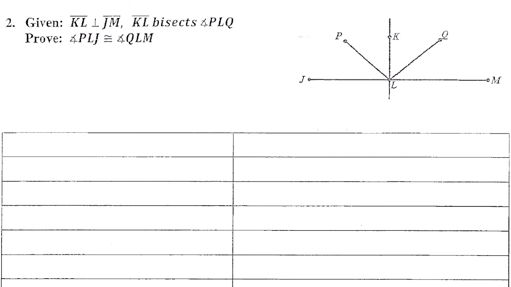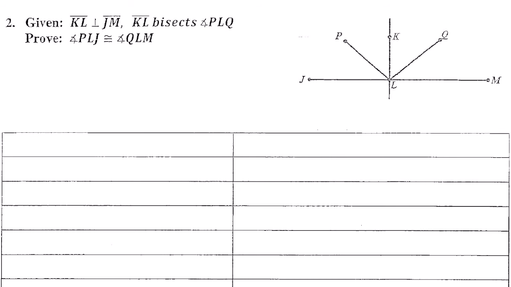So there are a lot of things that you might think are obvious that you have to really hash out on this one, okay? So for example, we know that these angles are congruent by definition of bisector, but we have to use definition of congruence to say that the measures are equal to one another.